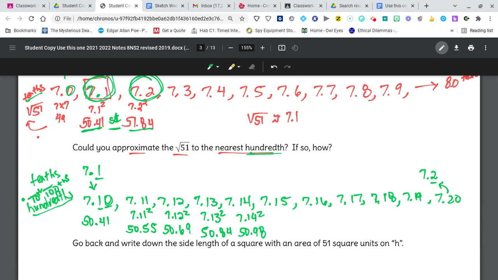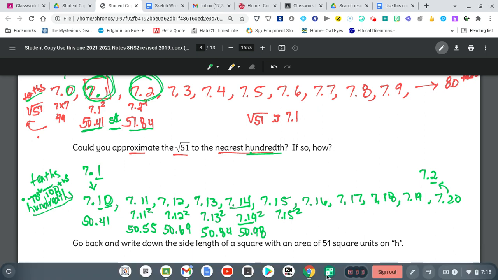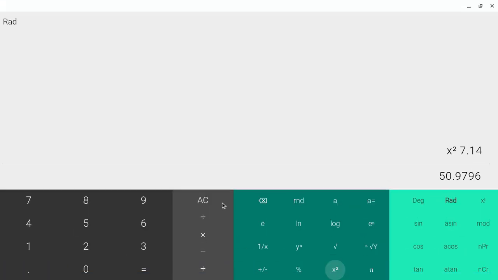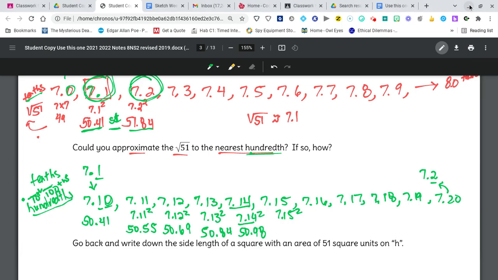I can already tell you it's going to be 7.14, guys. Because if I square 7.15, you're going to end up with 51.12. I'm treating it like money.